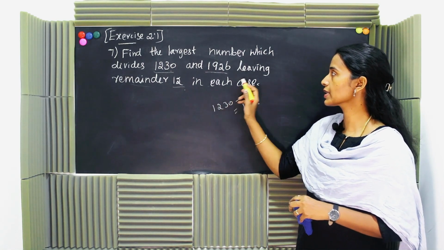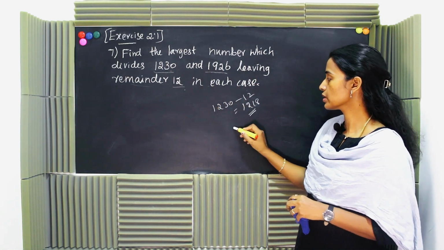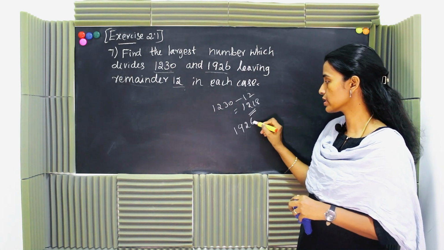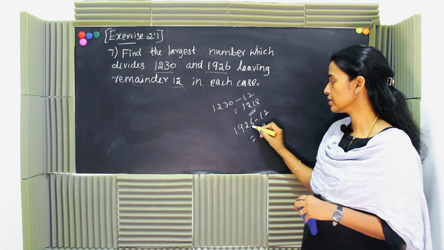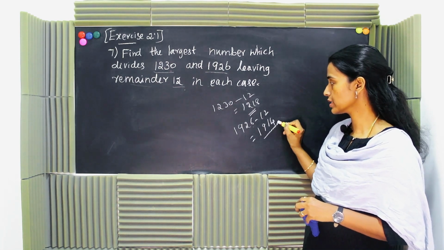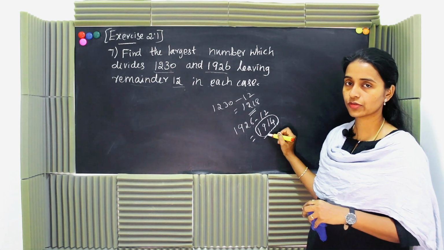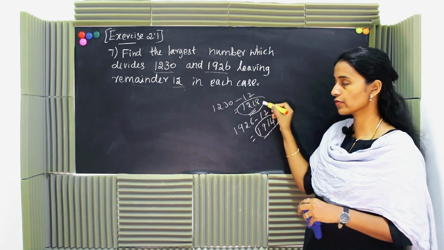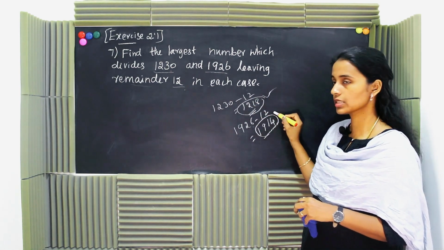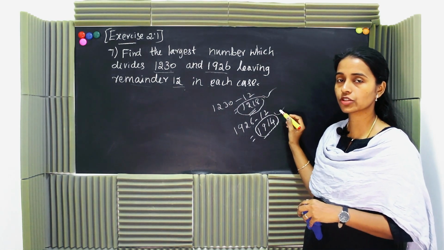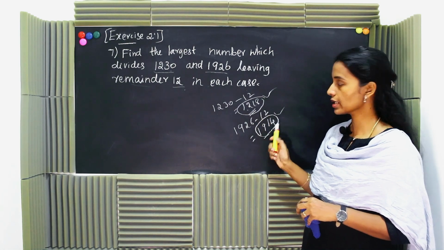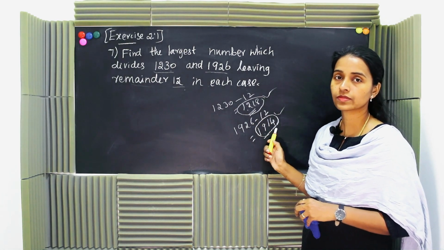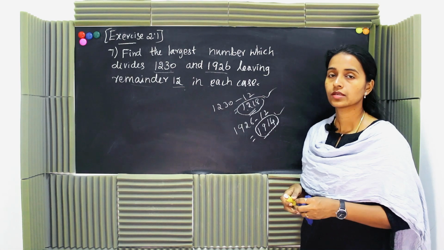And if you are subtracting 12 from 1926, we will be getting 1914, right? So we have to find out the HCF value of this and this. Okay, we should find out the highest common factor of 1218 and 1914. This is the question.